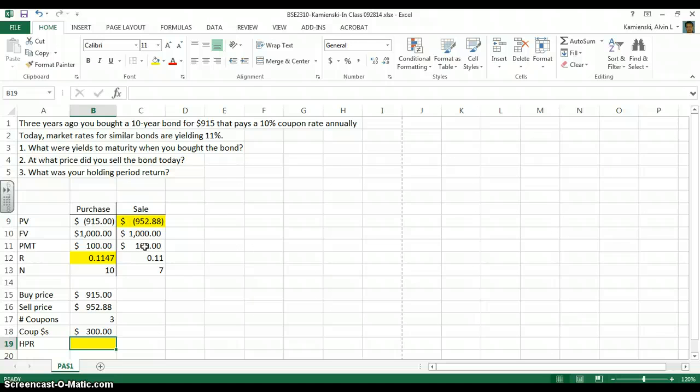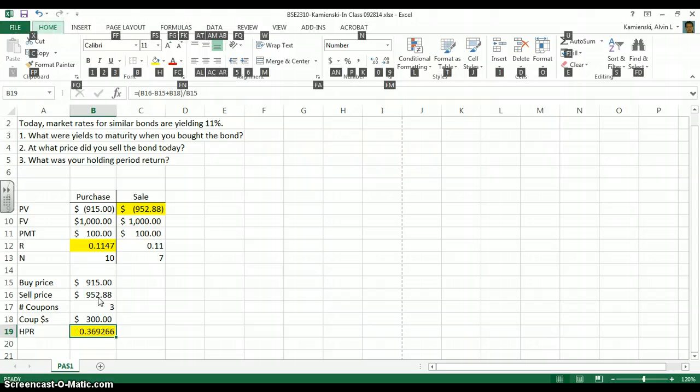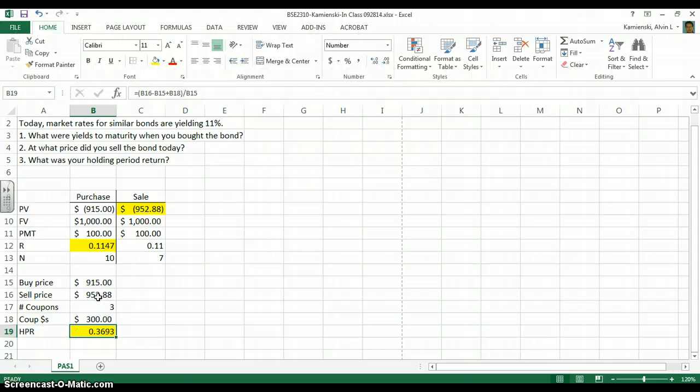So the formula says take the price at which you sold minus the price at which you bought. Add in all the cash flows you received and divide that into the original price at which you bought. And now we can see that our holding period returns for that bond, not thinking about time, but just overall performance, is just less than 37%.